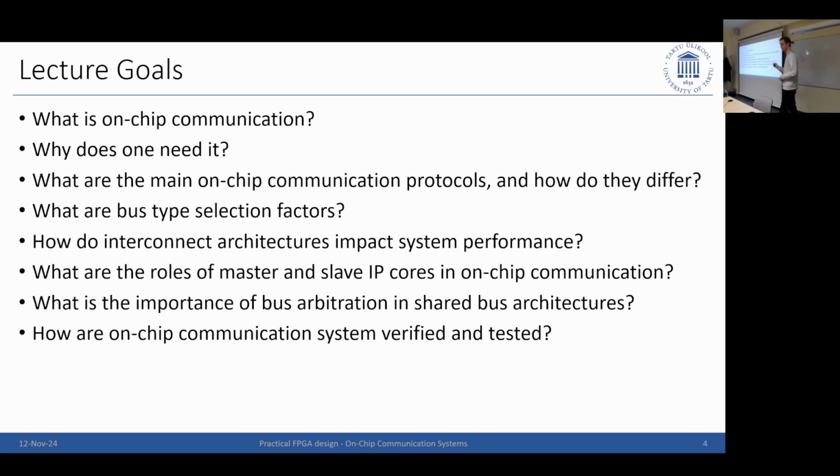How do these architectures impact our system performance? Master and slave roles, just as a recap, importance of arbitration, in a very short manner as well, and then how do we test, verify and simulate that. So let's see if we can answer all of these.